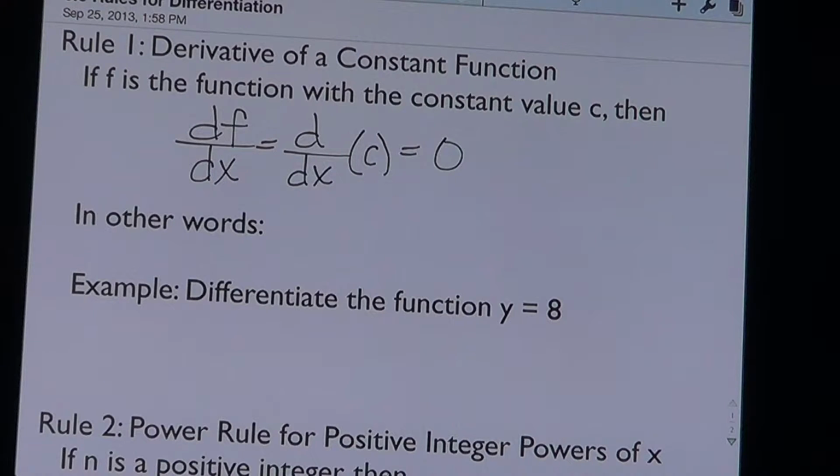If we're finding the derivative of 4 or -8 or 2, c is a constant, that means it doesn't have any variables. Then that's saying df/dx equals d/dx, or the derivative with respect to x, of c equals 0. I want to write all of these in other words so that we can translate them to English.